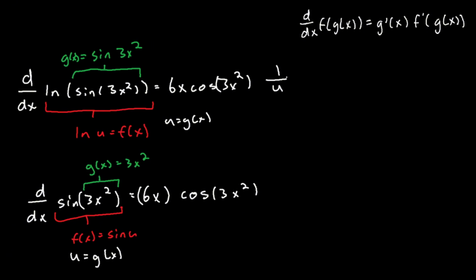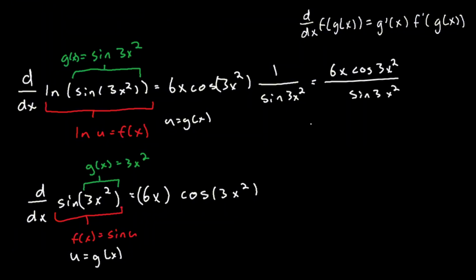So we get 1 over the sine of 3x squared. If we put this inside of our function, we get 6x cosine 3x squared over sine of 3x squared. But if you want to simplify this, you just get 6x cotangent of 3x squared. Cosine over sine is cotangent, so we can simplify this into cotangent.